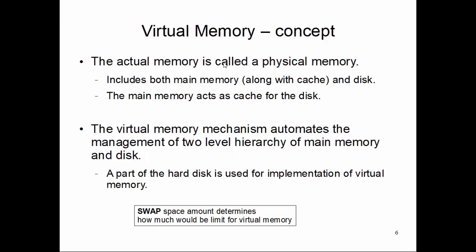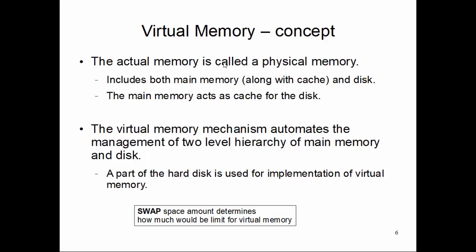The actual memory we will term as physical memory from now onward. This physical memory can include both the main memory, of course, along with the cache, which resides in the processor chip, and the disk. Now we are including the disk in our memory system.